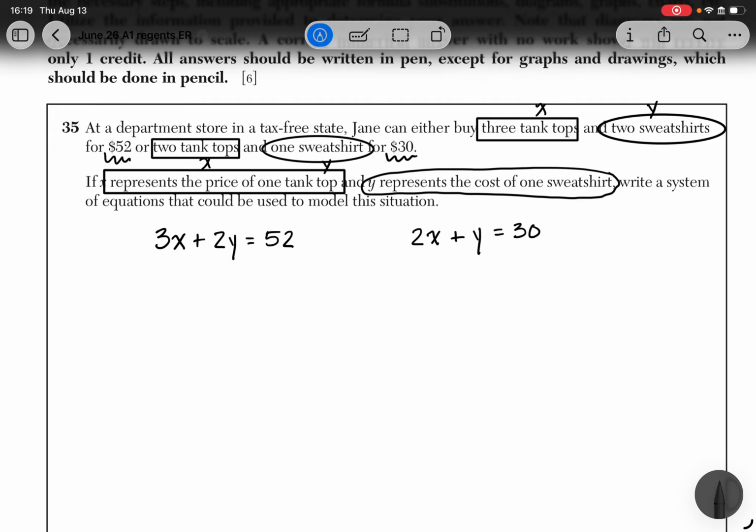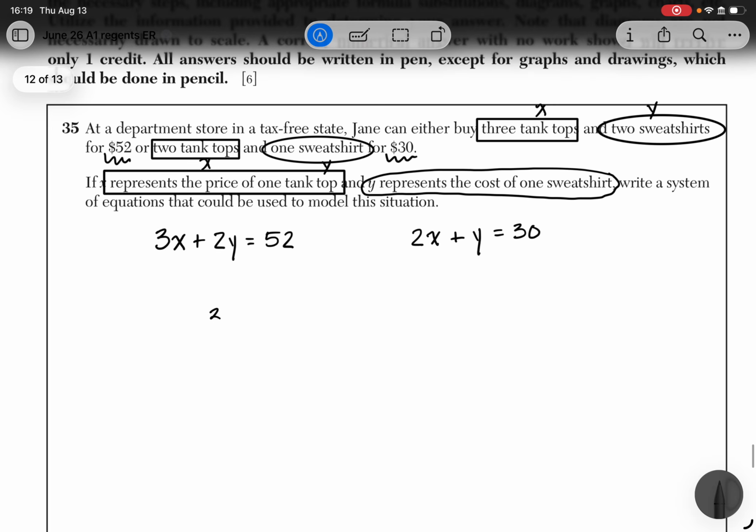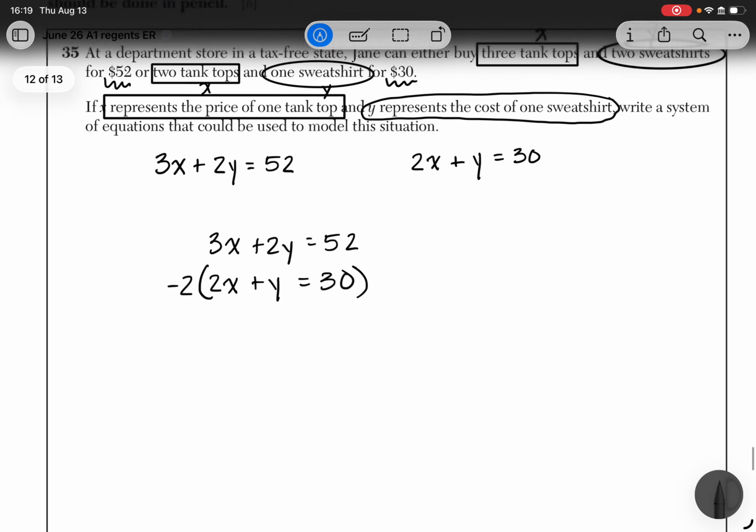So since both have a Y value, I'm going to multiply our second equation by negative 2. That way the Y's eliminate. So we have 3X plus 2Y equals 52. And then we have 2X plus Y equals 30. In order to change this, we're going to multiply everything by negative 2.